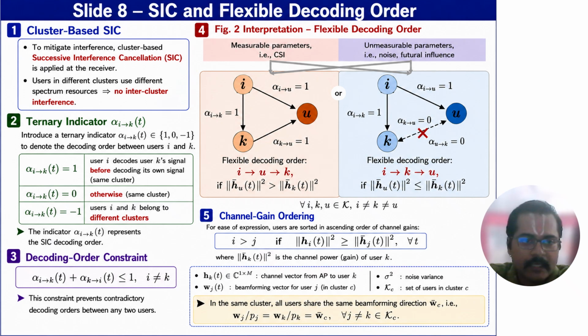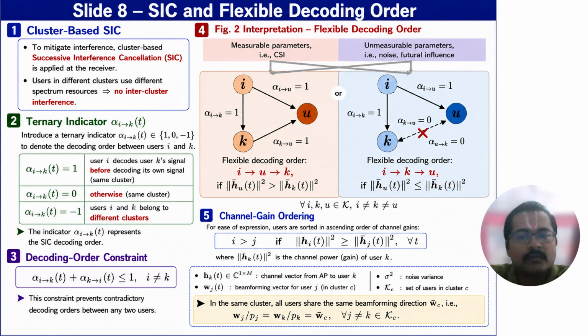I to k equal to 1 means i and k are in the same cluster. So user i decodes user k signal. User i receives both user i and user k signals from the access point. It has to decode user k signal first and cancel it, because both are in the same cluster.